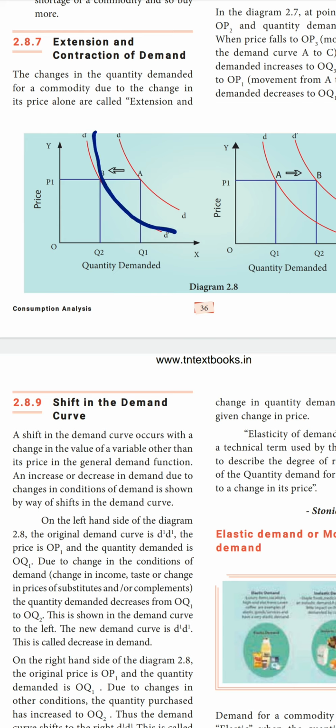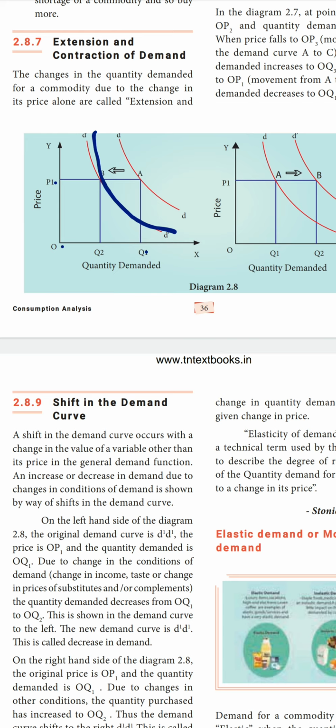Next, the price is OP1, and the quantity demanded is OQ1. Due to the change in the condition of demand, it may be a change in income, or a change in your taste, you may not like that product, or sometimes you may like it more.